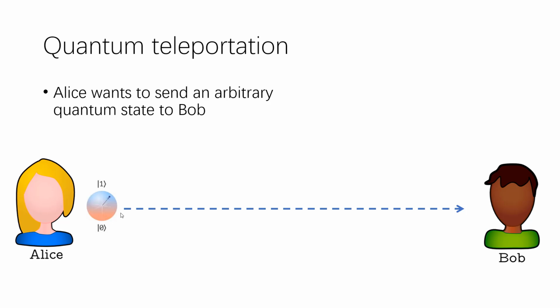It has to be in the dilution fridge, so it is not very possible to ship this qubit physically to Bob using express delivery. And even if Alice can do that, this process could be too long and too slow. So is there a faster way of transferring this arbitrary quantum state to Bob?